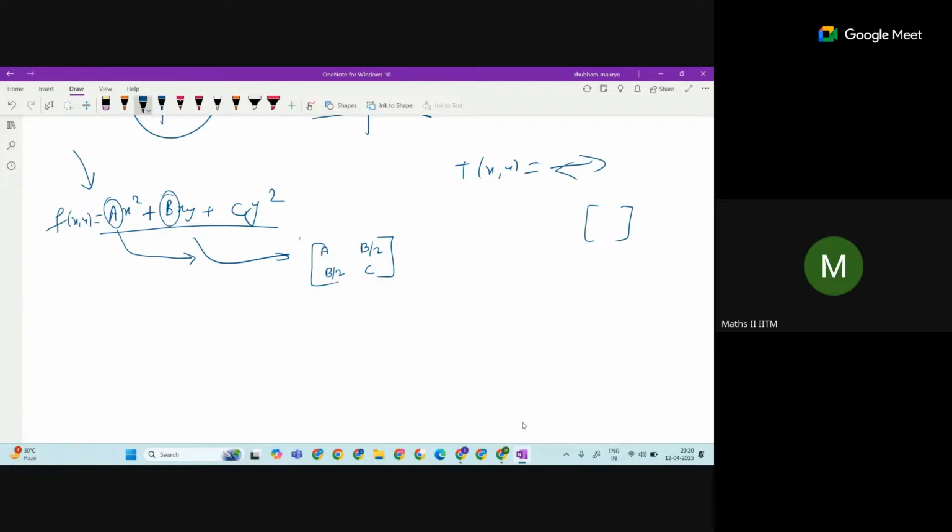The use is very simple. Once you start studying multivariable calculus, where you have more variables and a multivariable function is given, then using these quadratic forms you can easily tell where the critical points are, at which point it has maxima and at which point it has minima.